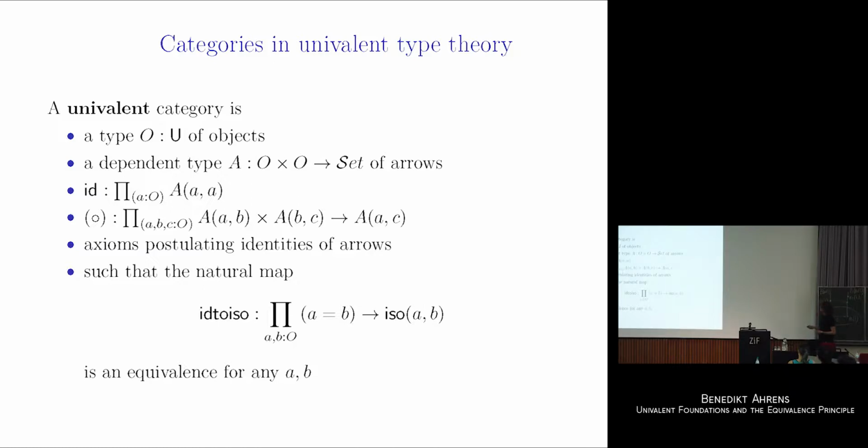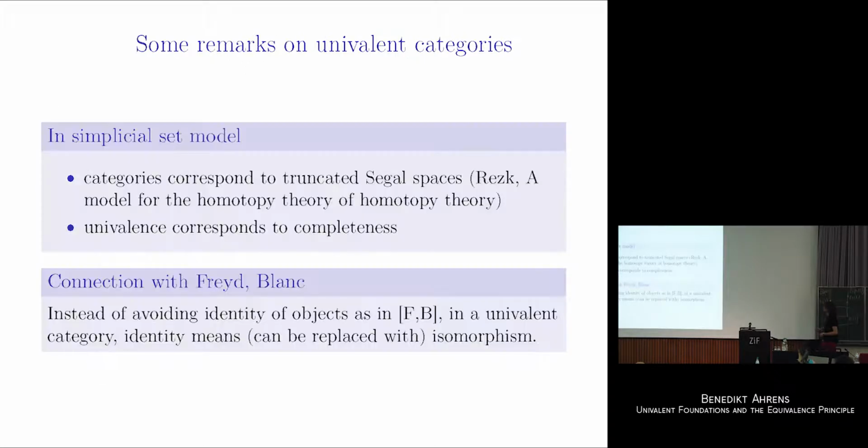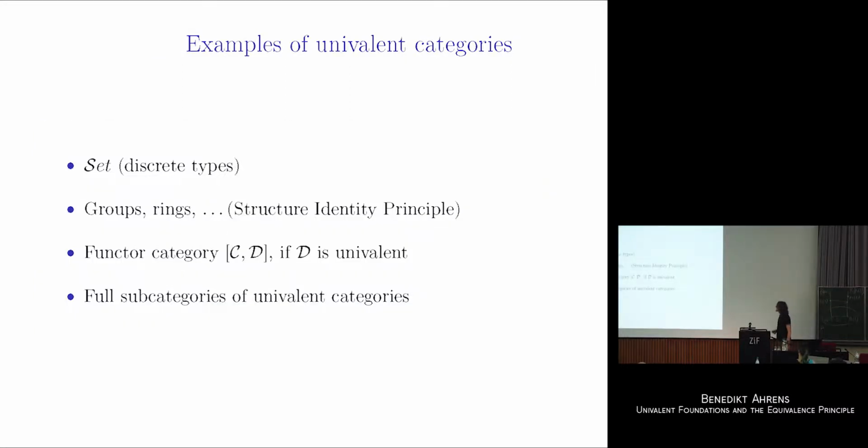In a univalent category, we are not forbidden to talk about identity of objects, but since identity of objects is the same as isomorphism of objects, we don't get anything in addition. Being able to talk about identity of objects is not helpful, because it could always be replaced by talking about isomorphism between those objects. So that's the connection with the result in the first part of the talk.